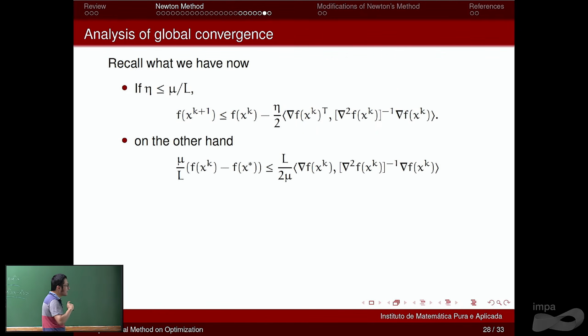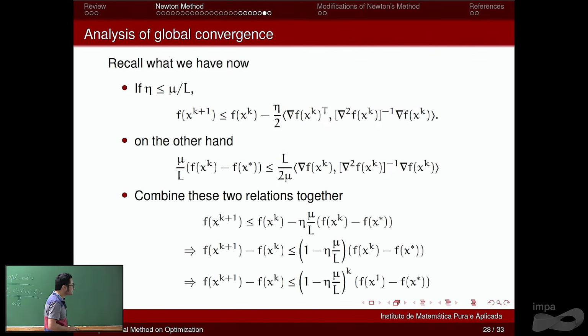And on the other hand, from the strong convexity, we got this inequality. You see, both inequalities are related to the function value, okay? So we put these inequalities together.